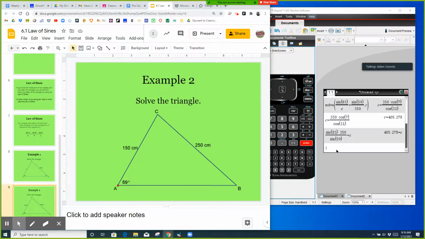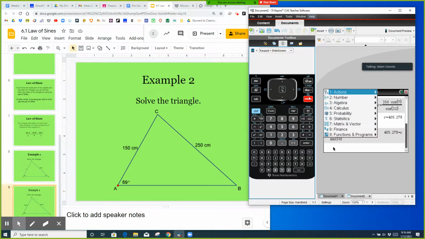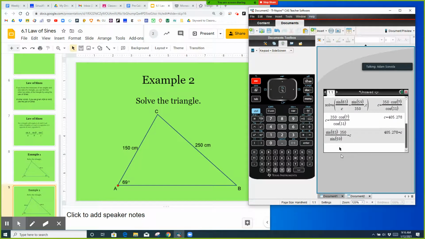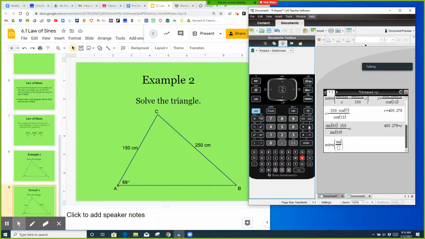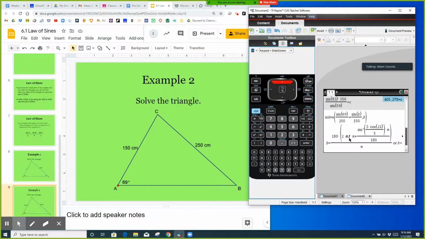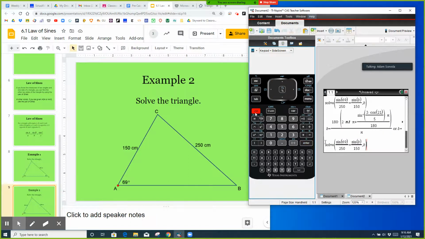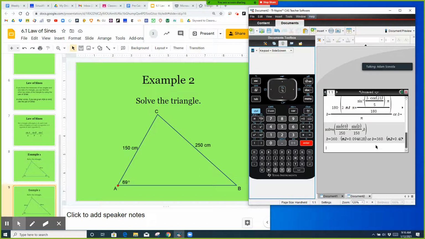So if I'm trying to solve the sine of 69 over 250 is equal to the sine of B over 150, I solve for B. The calculator will do that for us, but I want to make sure you know how to do that without the calculator.